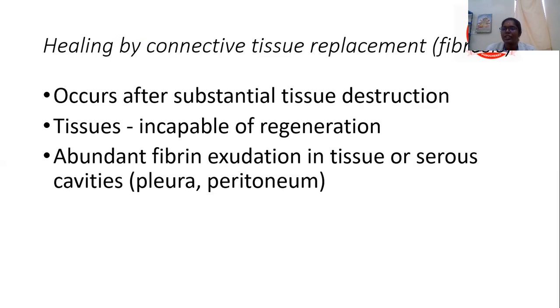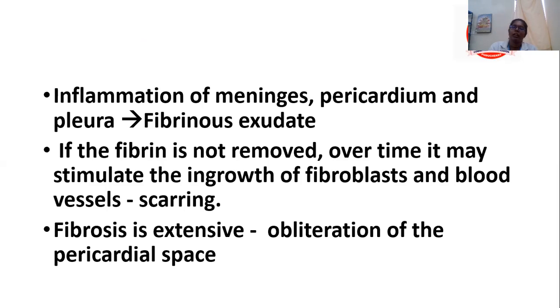In these conditions, it will heal by fibrosis, right? For example, I am just telling the process. For example, serosal surfaces like the meninges, pericardium, and pleura will be covered with exudate.